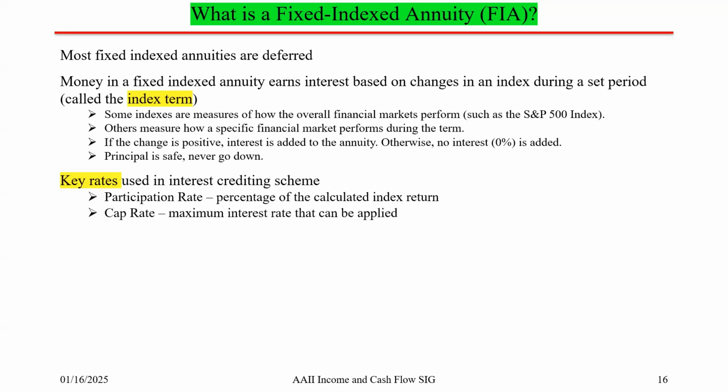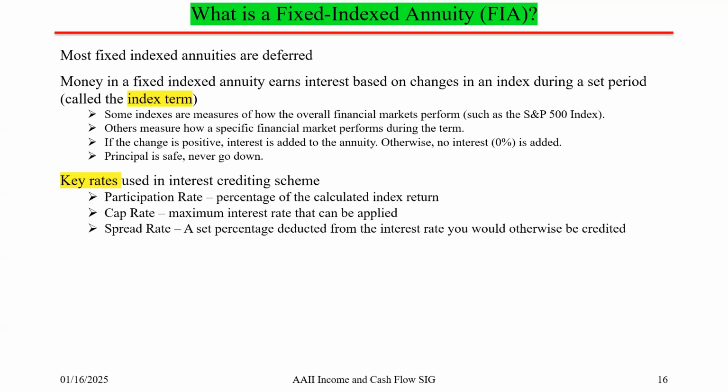There's a cap rate, which means the maximum interest rate that can be applied. And there's a spread rate. This is a rate that will be subtracted from the calculation. So if this number is high, you get less.